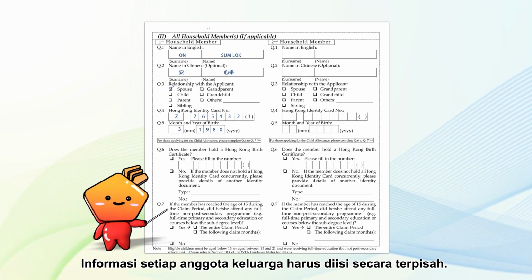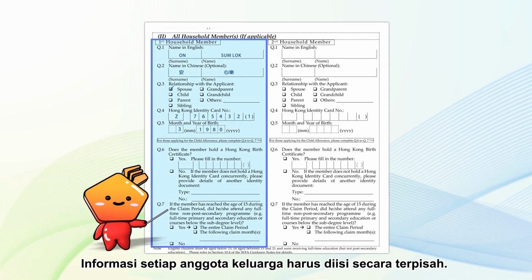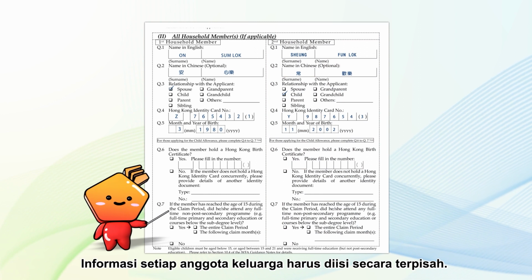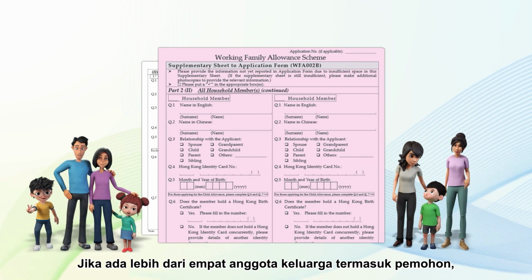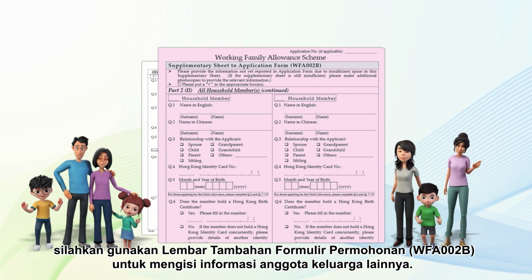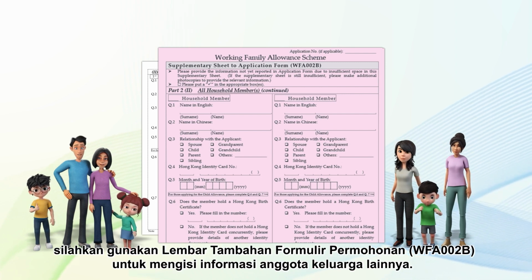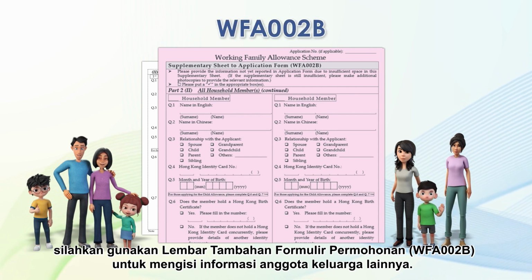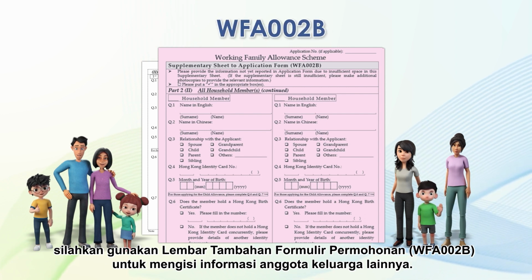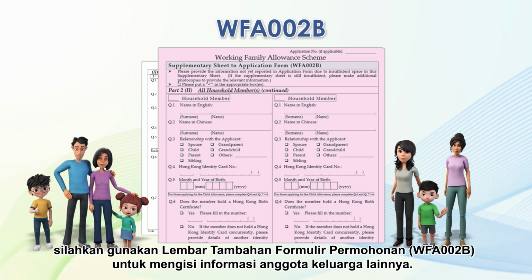The information of each household member must be filled in separately. If there are more than 4 household members excluding the applicant, please use the supplementary sheet to the application form, WFA 002B, to fill in the information of the remaining members.